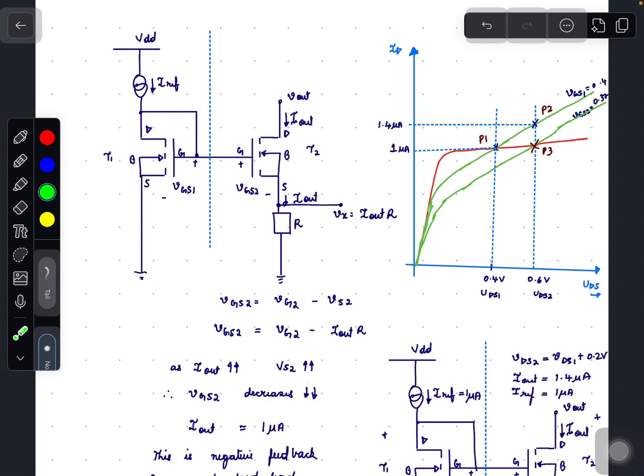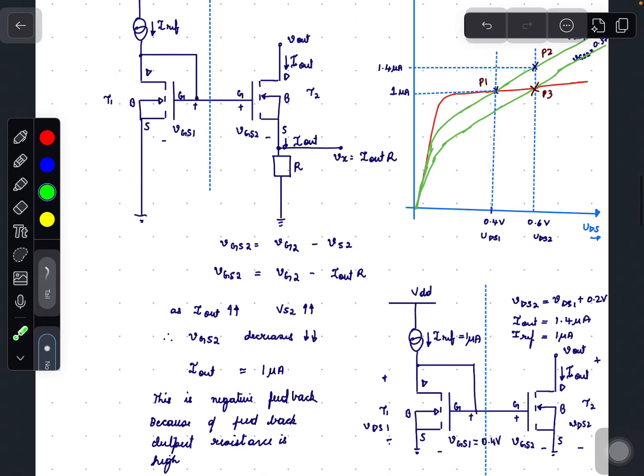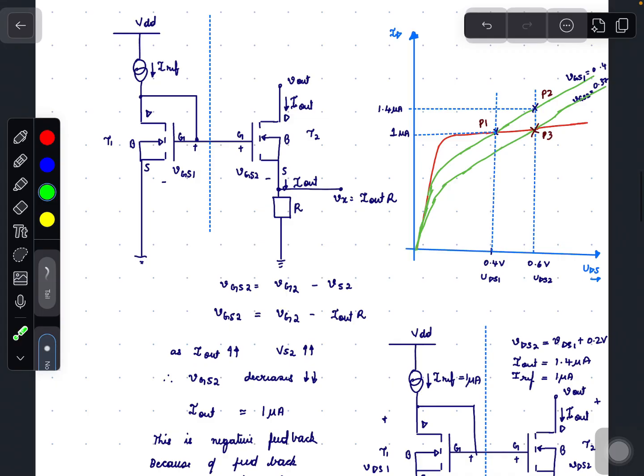The gate to source voltage of T2 will reduce to 0.37 volts, and hence we have a new green line for VGS equals 0.37 volts, and the corresponding current will be equal to 1 microamp.